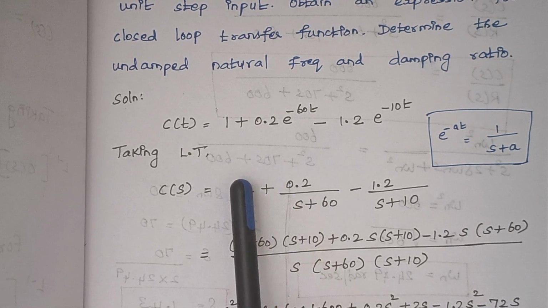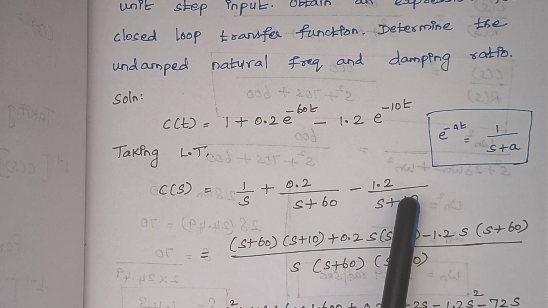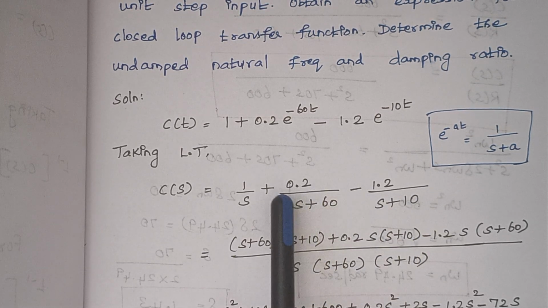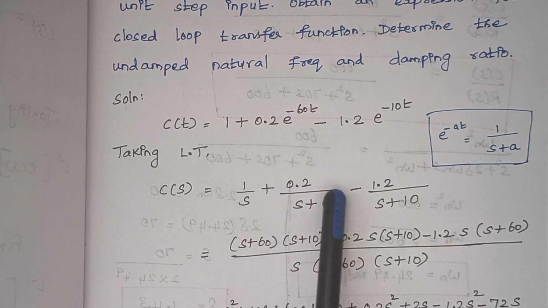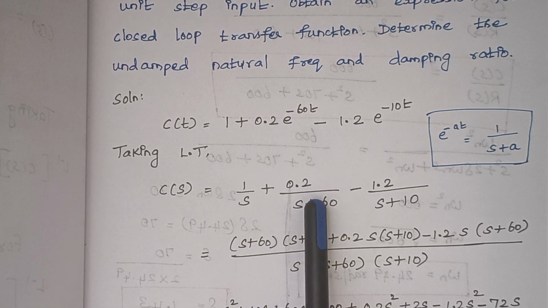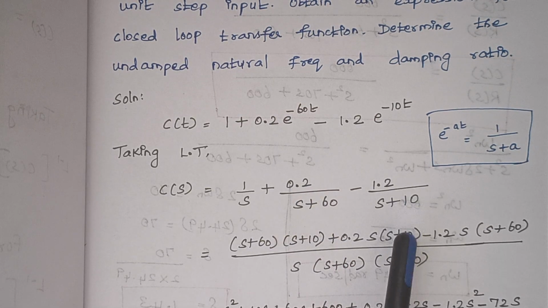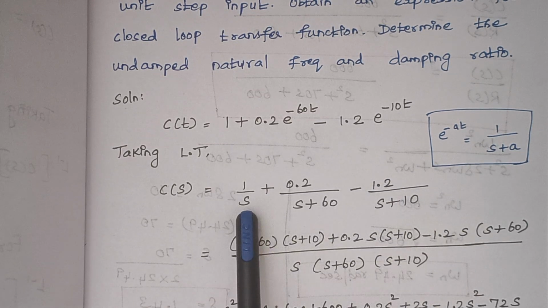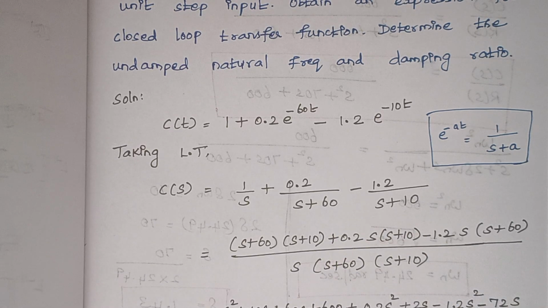So we have to multiply this one with these two terms: s plus 60 into s plus 10. And similarly plus 0.2, and here I am having s plus 60, so the remaining terms are s into s plus 10. And finally minus 1.2 into s plus 60. The entire term divided by s into s plus 60 into s plus 10, right?